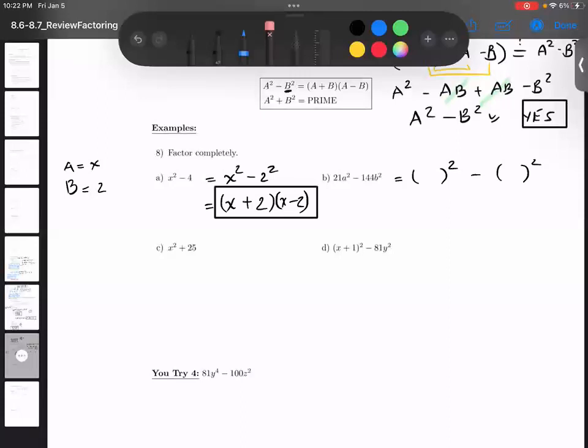It implies that A and B do not have to be a single factor, right? It could be a chunk. I call it a blob, right? It's a blob squared minus another blob squared, right? So in this case, what is my blob? 21. Oh, actually, we run into a little problem here.